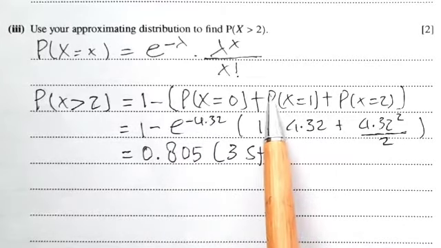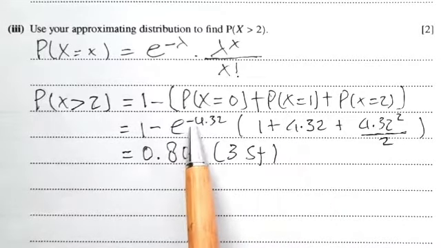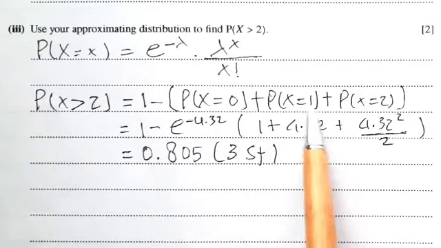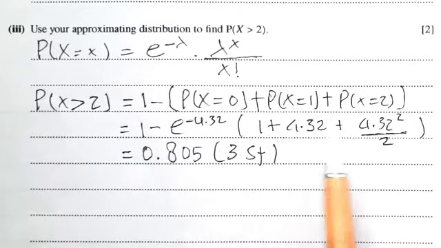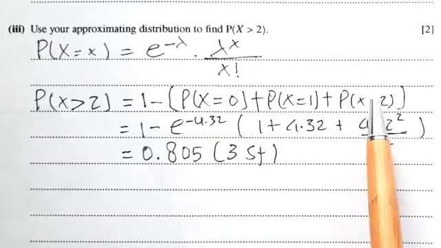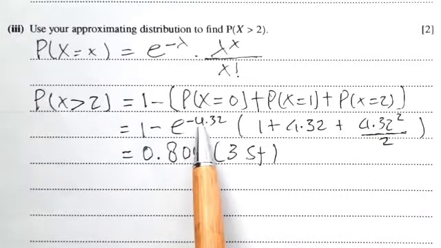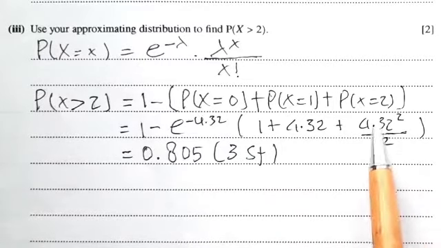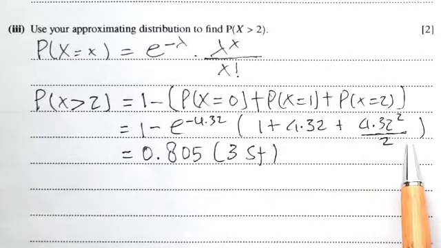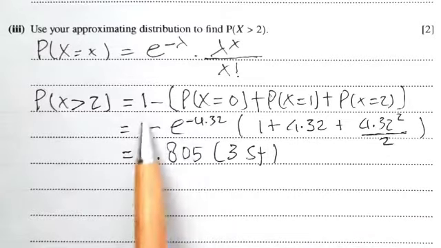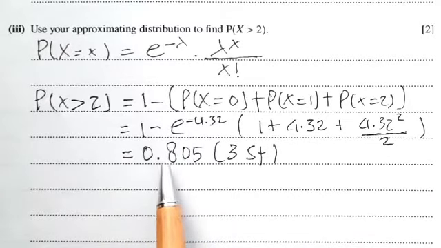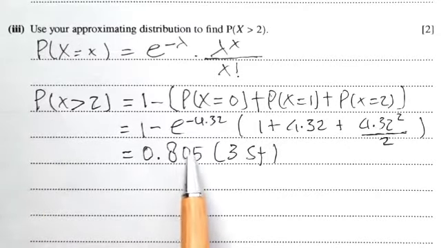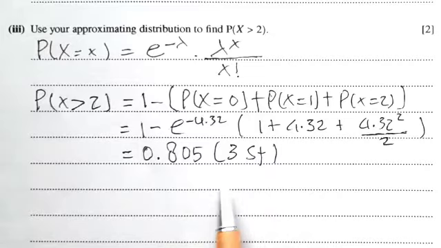For the probability of X equals 1, that is e to the power minus 4.32 times lambda. And for the probability of X equals 2, that is e to the power minus 4.32 times 4.32 squared divided by 2 factorial, that is 2. Enter it in your calculator, and we obtain that the probability of X more than 2 is 0.805, correct to 3 significant figures. This is the answer for III.